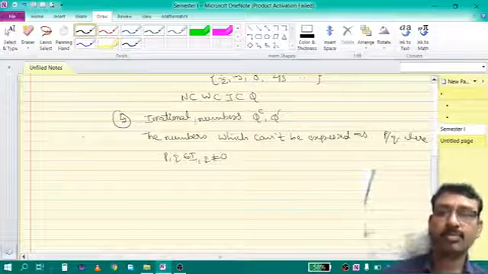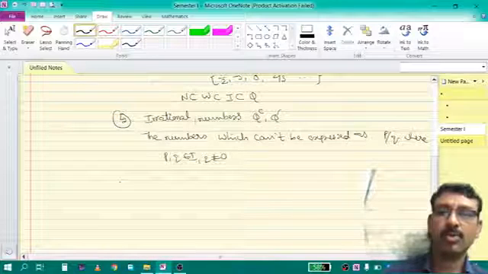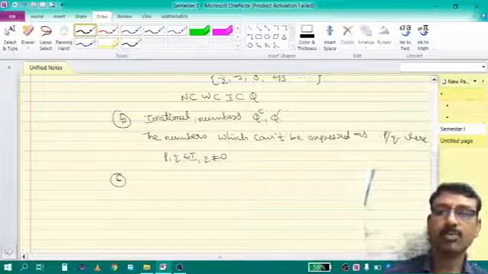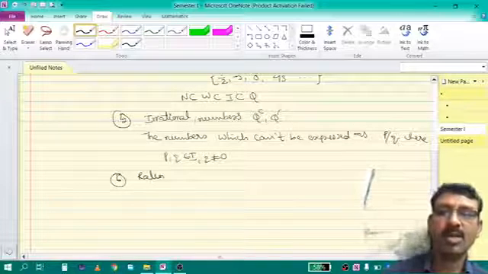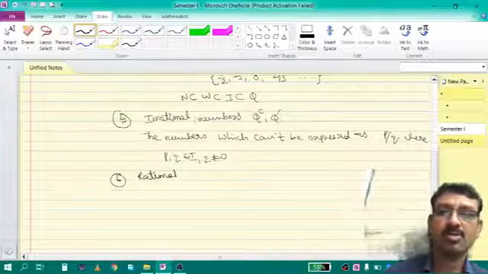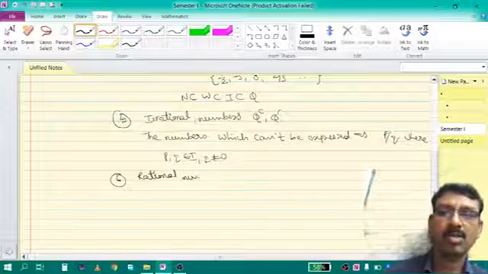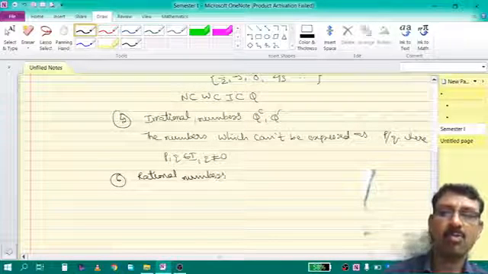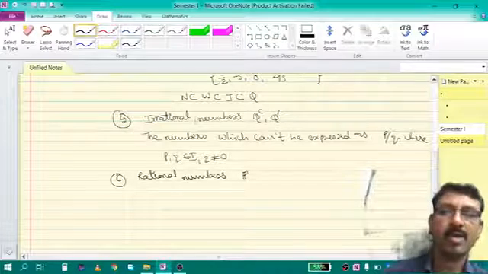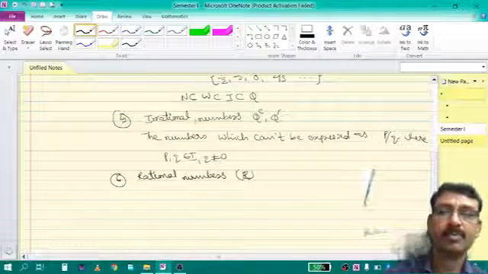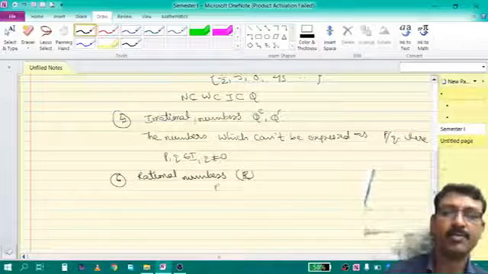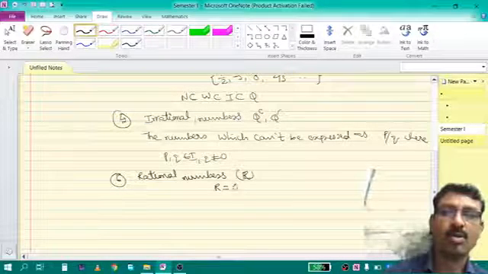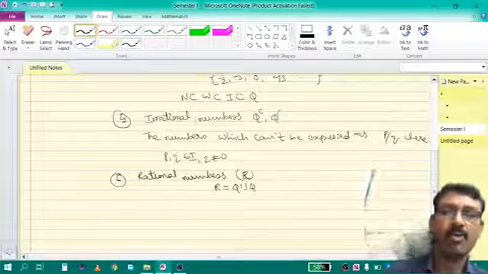Now we go to sixth, the important set, real numbers, denoted by capital R. The real numbers are the combination or union of Q and Q complement.